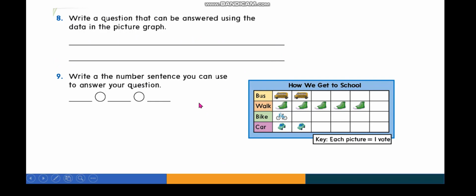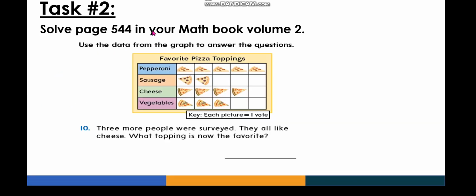Go back to the previous one, or it's in your book, and see what question we have to ask here and answer it please by yourself. Write a number sentence you can use to answer your question. You will write here the question and then make a number sentence. Okay? This is a challenge today. Challenge yourself.